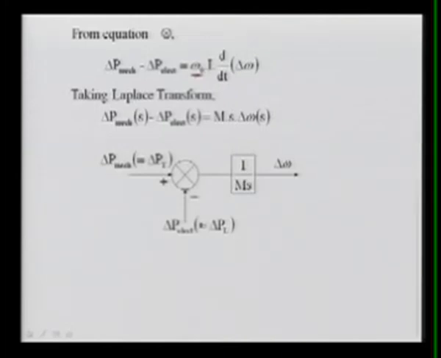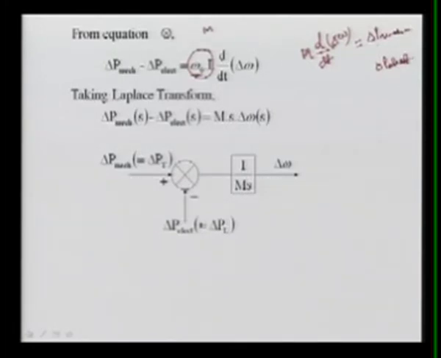Omega naught into I is nothing but your M, that is the angular momentum. So now we have the expression M d over dt of the change in omega equals the change in P mechanical minus the change in P electrical.